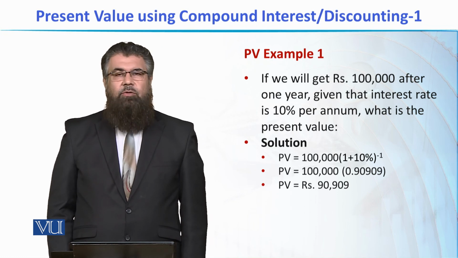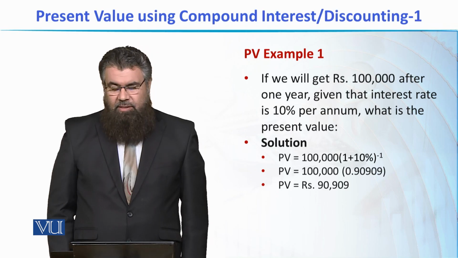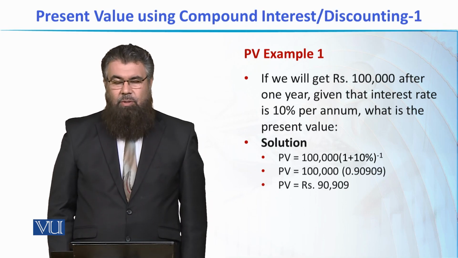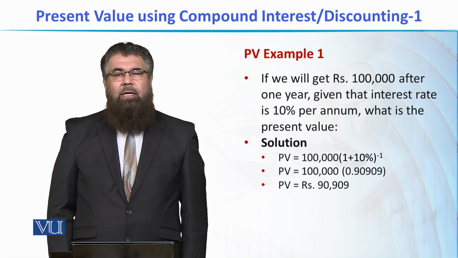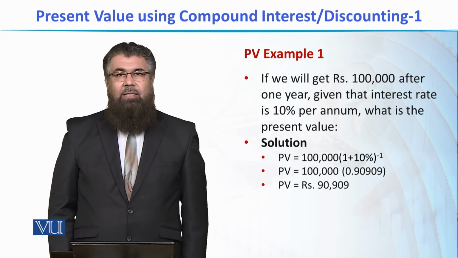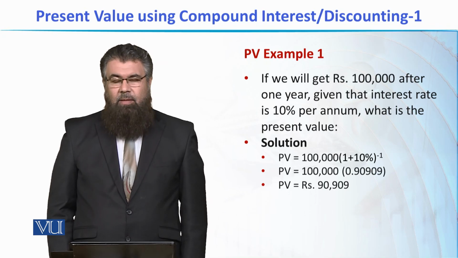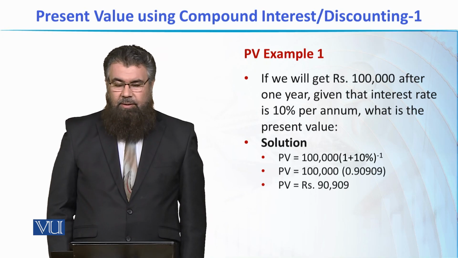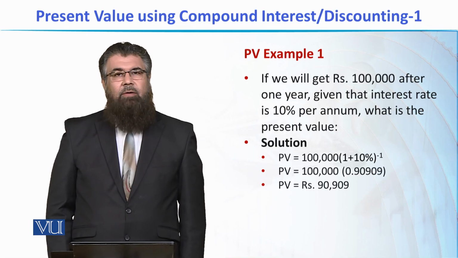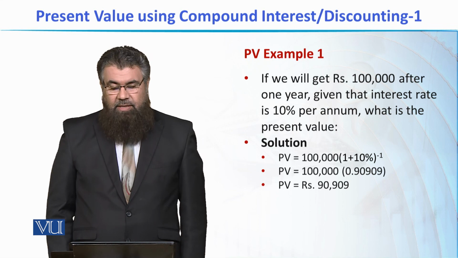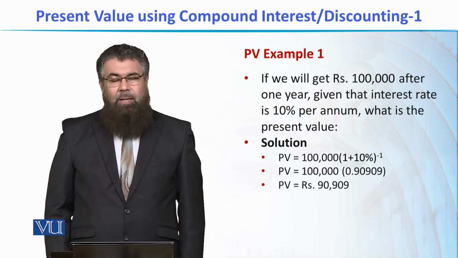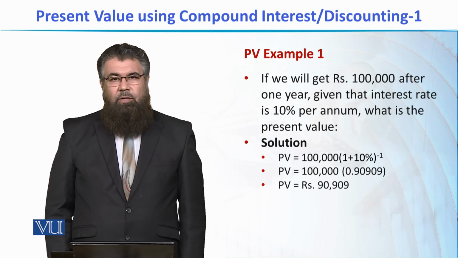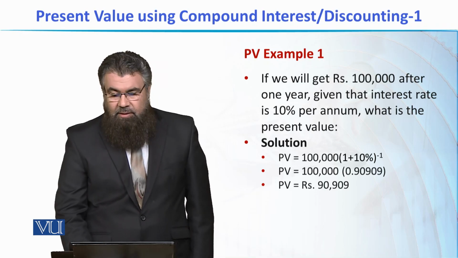So 1.1 raised to the power minus 1 will give us 0.90909. So this amount 0.90909 is actually the value of this discounting factor, that is the present value interest factor at 10% for 1 year. And when we multiply this with the future amount of 100,000, we get the present value, which is 90,909.